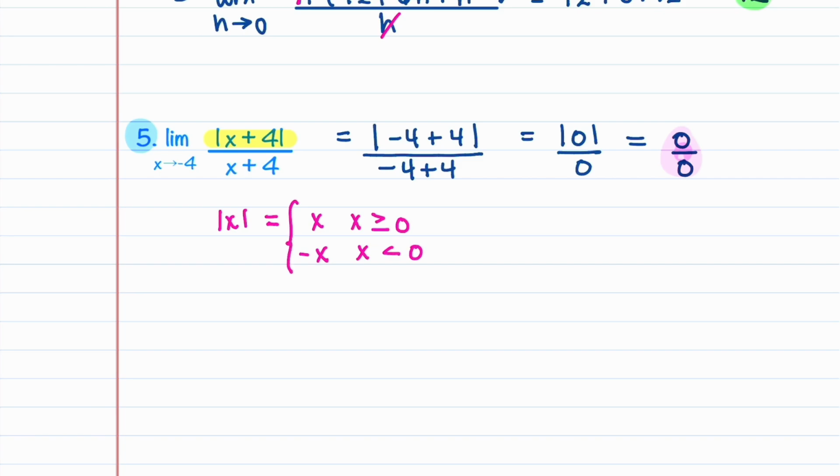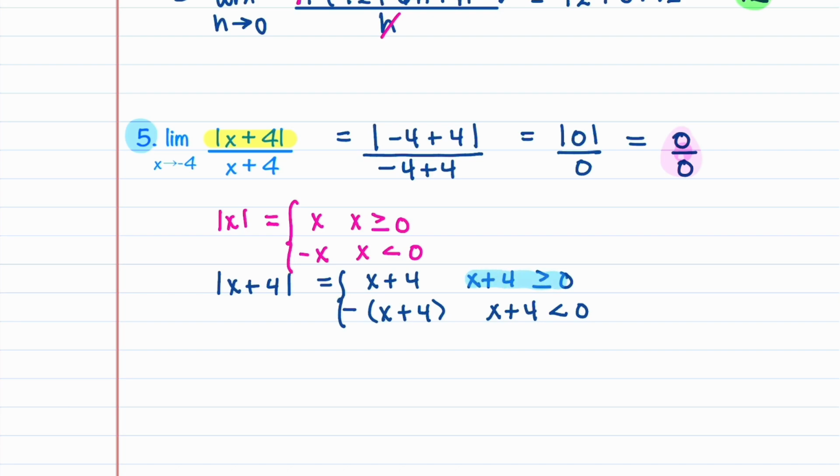We're going to use this as a model to find out what the absolute value of x plus 4 is equal to. It's just going to be equal to x plus 4 when x plus 4 is greater than or equal to 0, and then minus (x plus 4) when x plus 4 is less than 0.